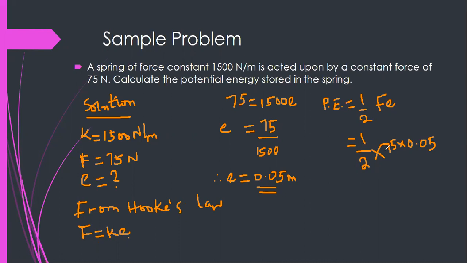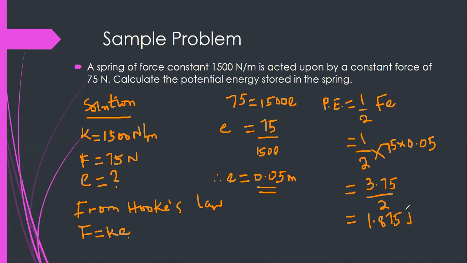So 1/2 times 75 times 0.05. So let's see, we should have 3.75 divided by 2. So again, 3.75 divided by 2, we should have 1.875 joules.